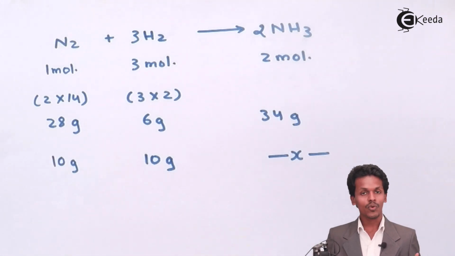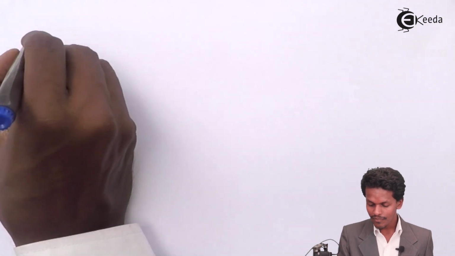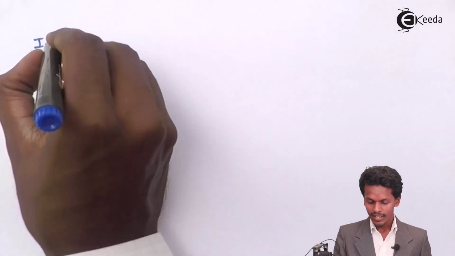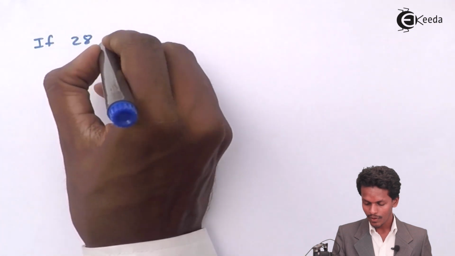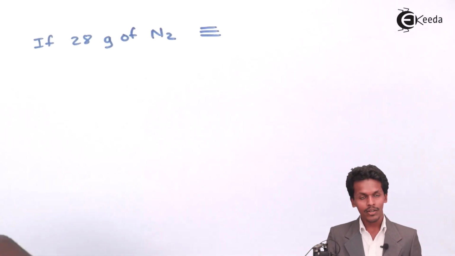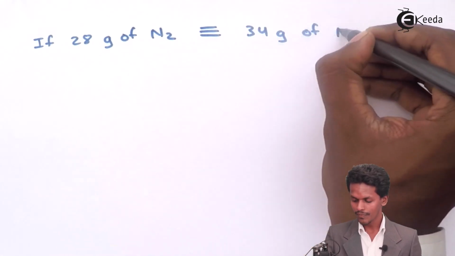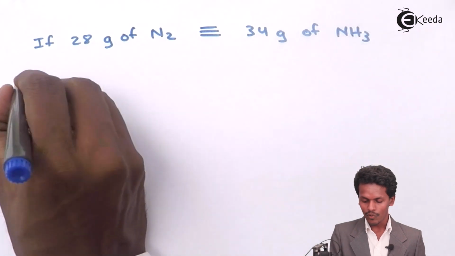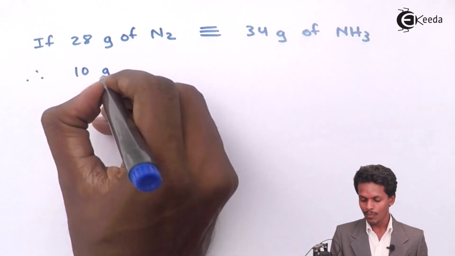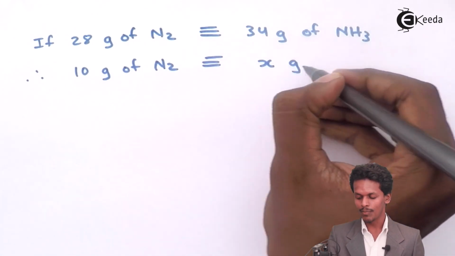Let me write it in this manner. If 28 gram of nitrogen is required to produce 34 gram of ammonia, therefore 10 gram of nitrogen will produce x gram of ammonia.